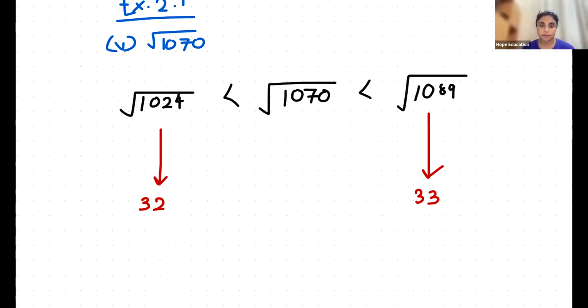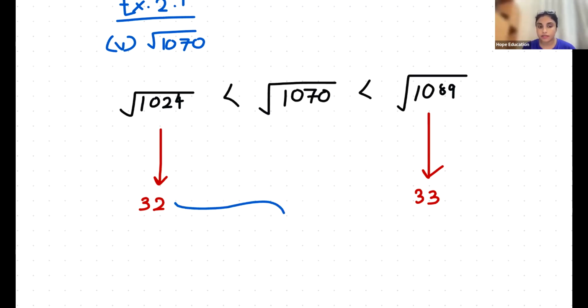Yes. Okay, Risindi. So that means our 1070 should be between 32 and 33. Somewhere in the middle of this gap between 32 and 33. Right between this gap. Now I have a question.